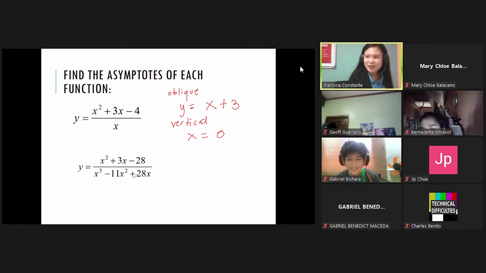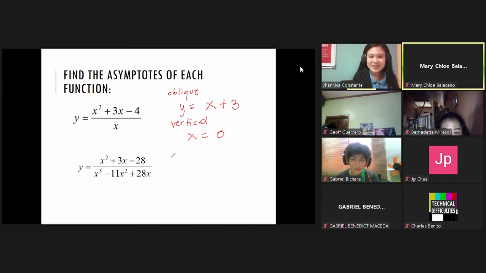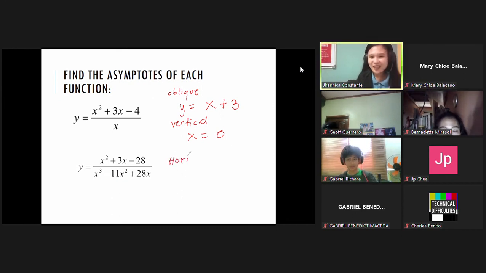Are we going to have a horizontal or an oblique asymptote? Horizontal. You're going to have a horizontal asymptote since the degree of the denominator is greater than the numerator.